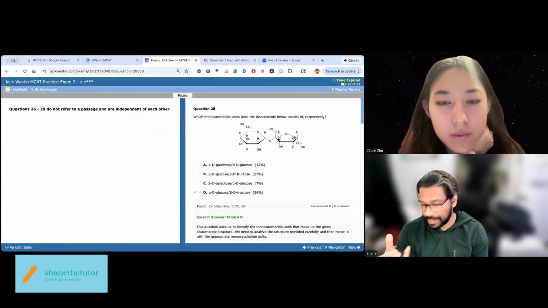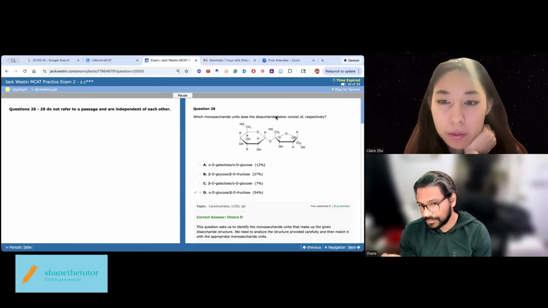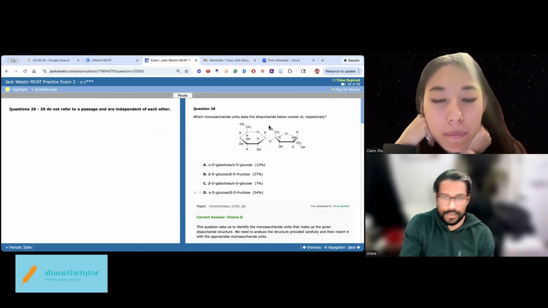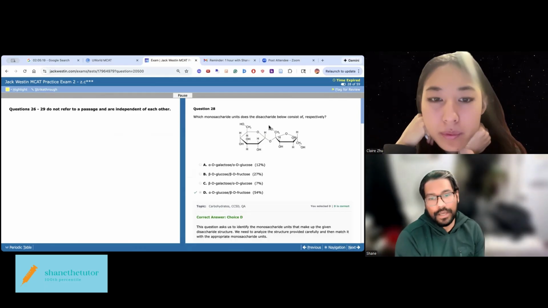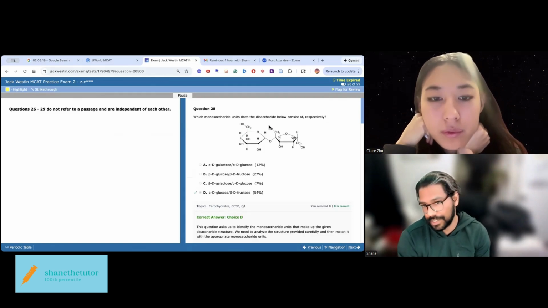Do you know the alpha and beta anomers? I think alpha is where it points down and beta points up. Yeah, so the beta form is about 64% of the glucose in our bodies, and 36% is the alpha form.